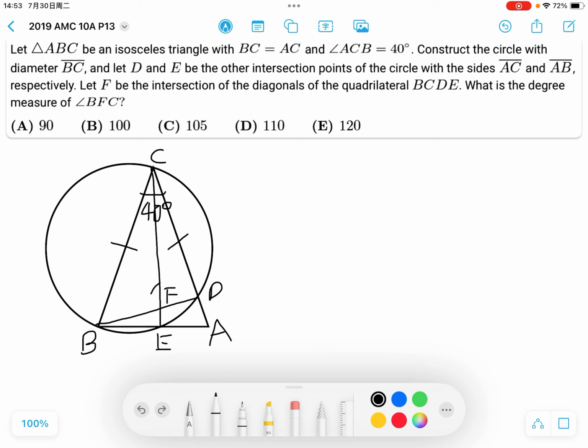So that doesn't look too hard, but it looks a bit confusing. What are we going to do? So this problem is basically just angle tracing. So we know that BC is a diameter.